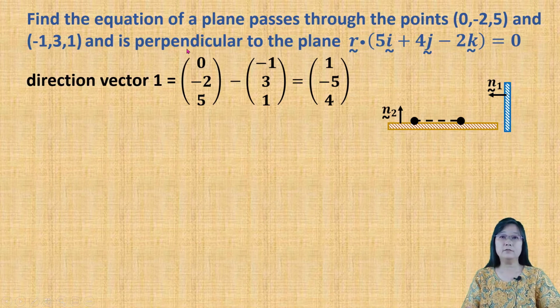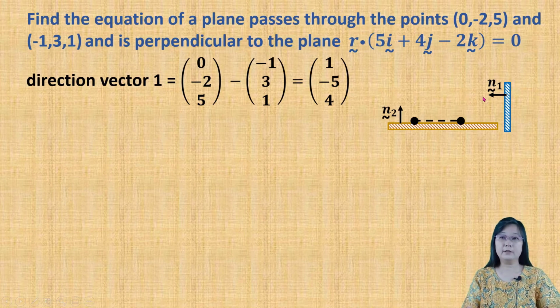In this question, we are given that we have another plane that is perpendicular to the plane that we are going to find. From the equation of this plane, we can see the normal vector of this plane, that is 5i plus 4j minus 2k.